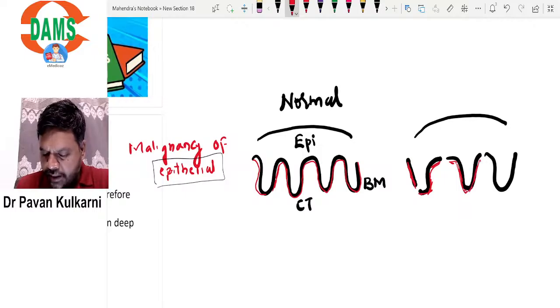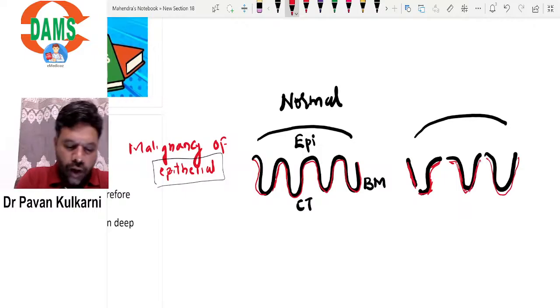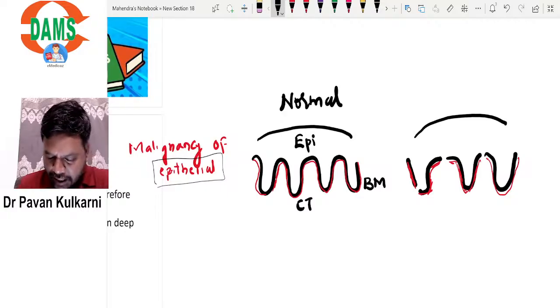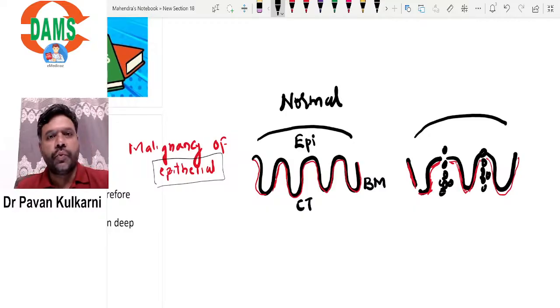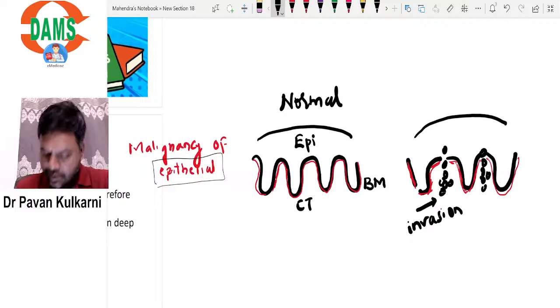If the basement membrane continuity is lost, whatever epithelial cells are there will invade into the connective tissue. This mechanism is known as invasion. So when the basement membrane breaks and the epithelial cells enter into the connective tissue, you call this invasion.